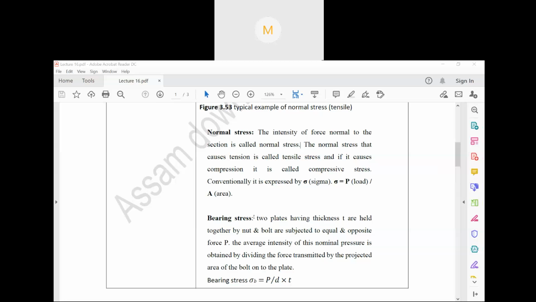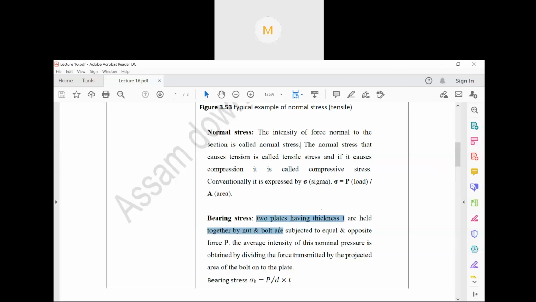Suppose two plates of thickness T are held together by nut and bolt. So two plates having thickness T are held together by nut and bolt.